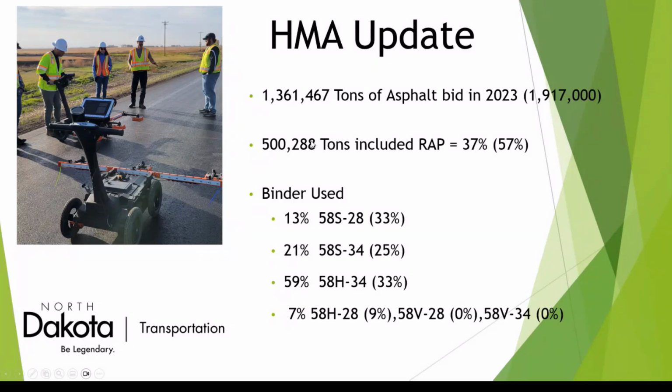Roughly about 40% of the tonnage last year included some RAP in the mix. And generally in North Dakota, that's 18 to 25% RAP in the mix. You can see that's a pretty significant drop in the parentheses here from 2022. That can be a factor of the type of jobs, whether there was milling and so forth.